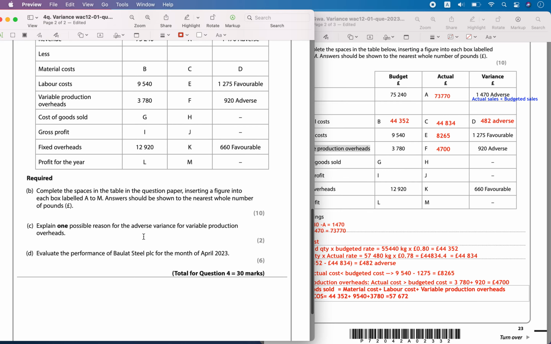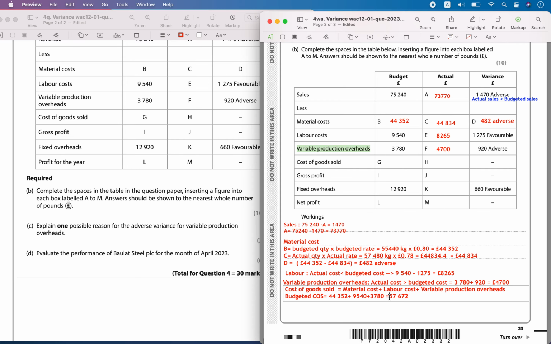So the cost of the goods sold was the cost involved in the material cost, labor cost and variable overhead cost, that gave me the cost of the goods sold. So let's write it here. It is 57,672.